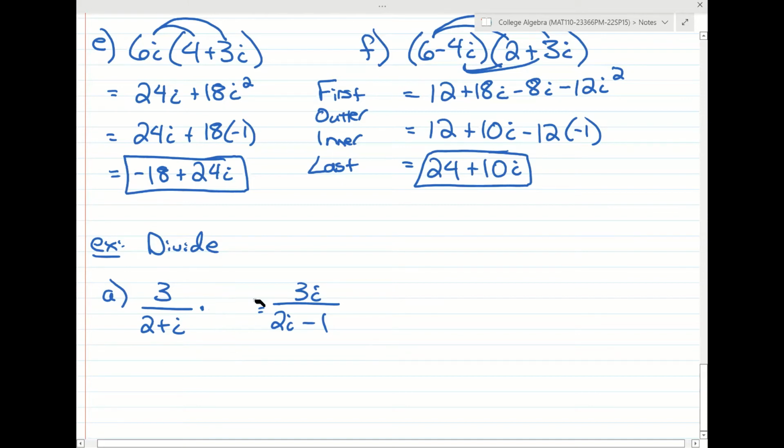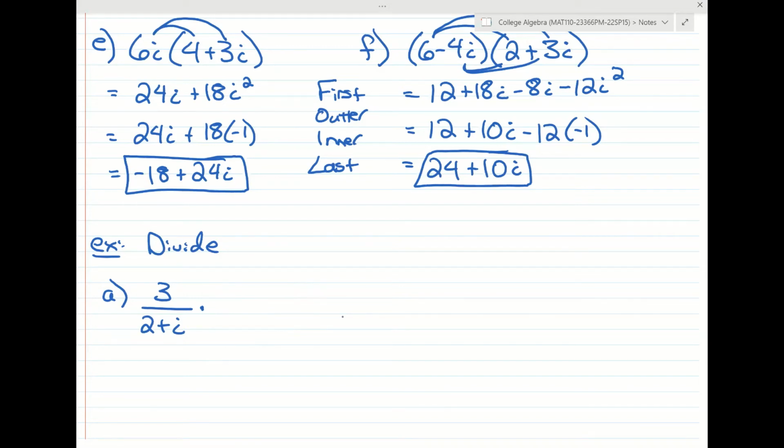So does anyone remember what we talked about when we have two terms in the denominator, one of them's a radical, or both are radicals? How do we get rid of it? We use something called the conjugate. And if you remember, conjugate just means you change the sign of that last term.